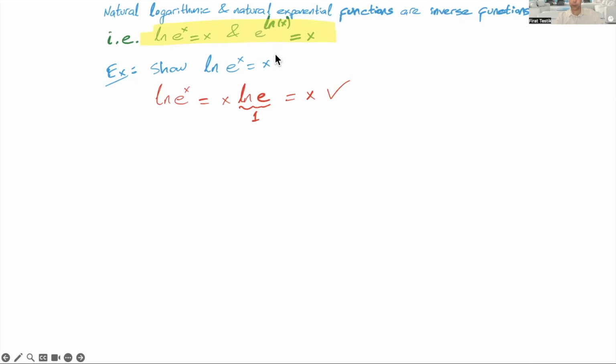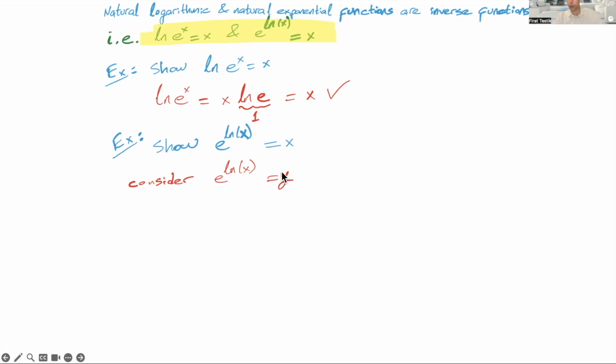Now let's show that the second equation also holds. Now let's show that e to the power ln x is equal to x. Consider e to the power ln x is equal to y. So we are just focusing on the left side now, and we assume that left side of this equation is equal to y.